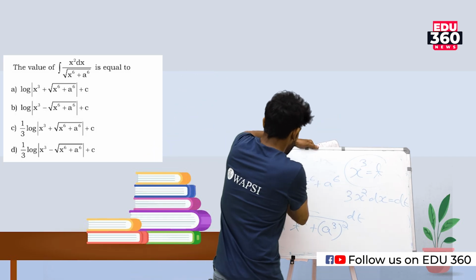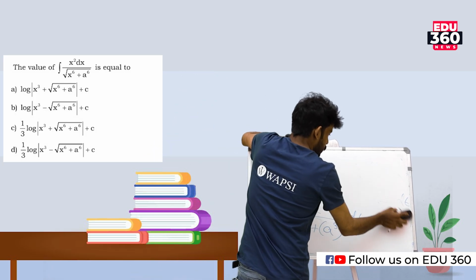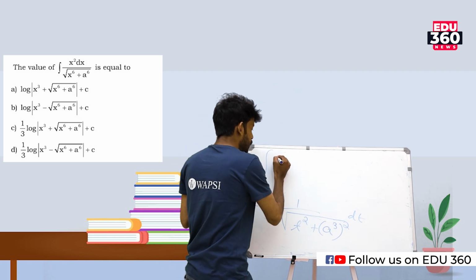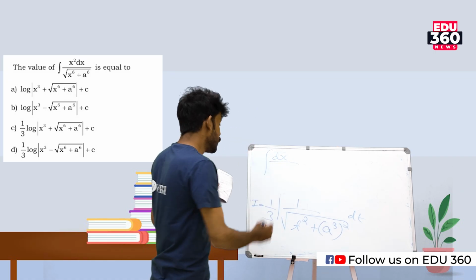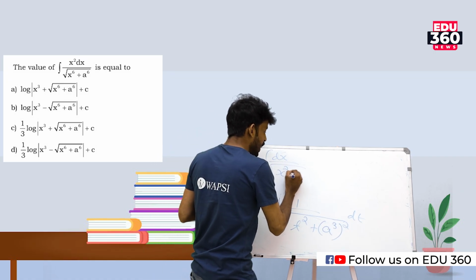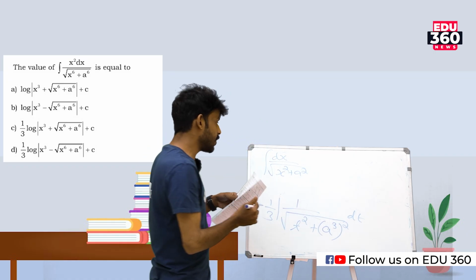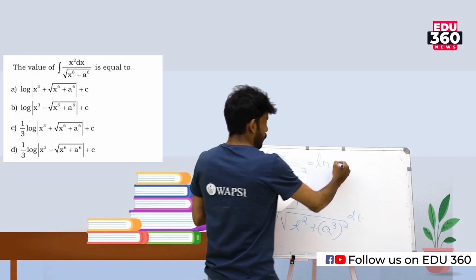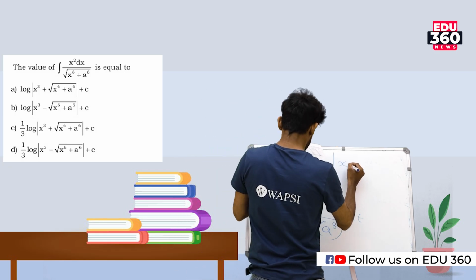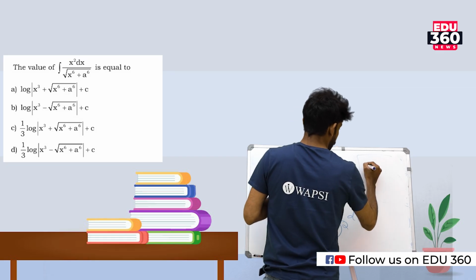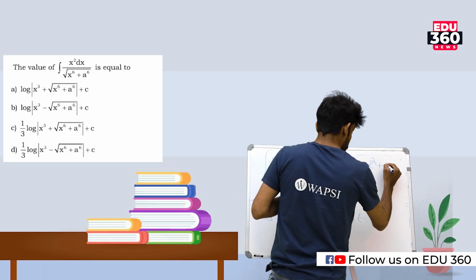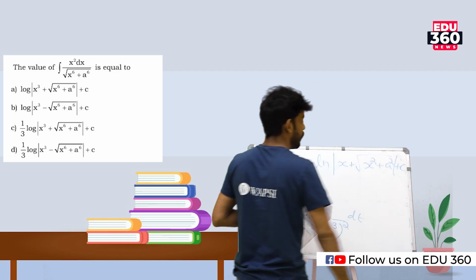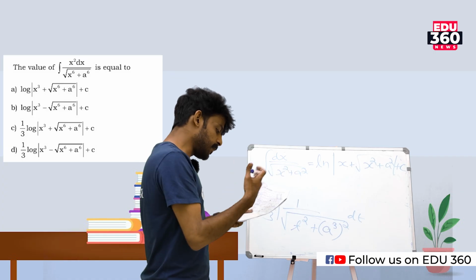So we know that the integral dx divided by root of x square plus a square is equal to ln modulus of x plus root of x square plus a square, plus c. Okay, so just apply the same here.